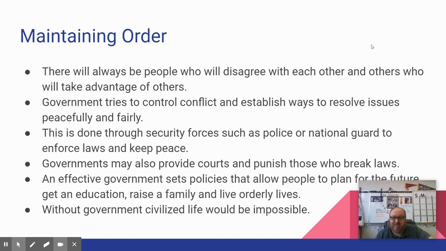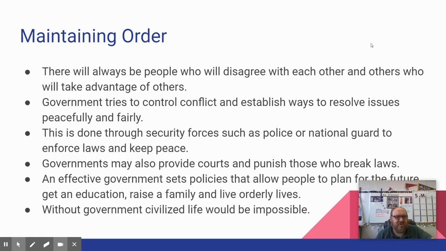An effective government sets policies that allow people to plan for the future, to get an education, to raise a family, live orderly lives. Without government, that kind of civilized life just wouldn't be possible. It wouldn't happen. So a good, effective government allows people to live in peace enough that they can plan for the future.